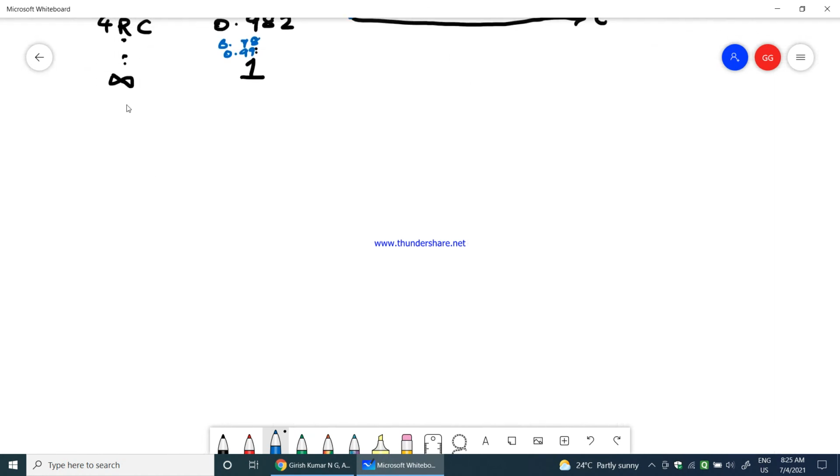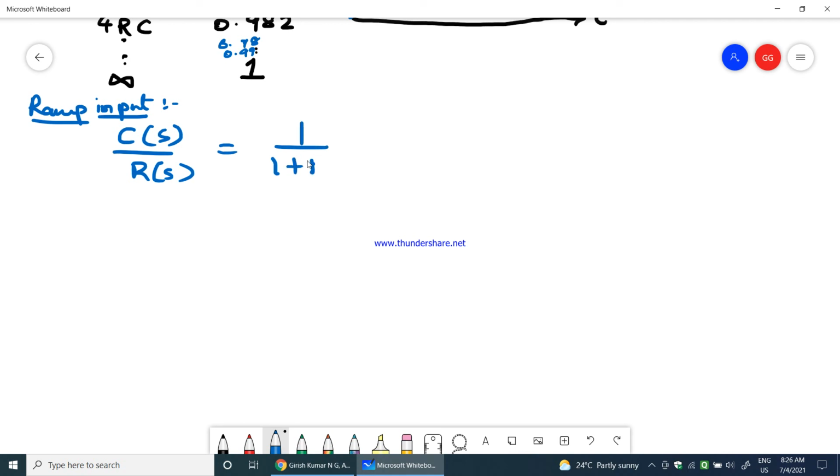Again we will take the first order system, C of s by R of s equals 1 over 1 plus Ts. This is what the first order system transfer function is all about.